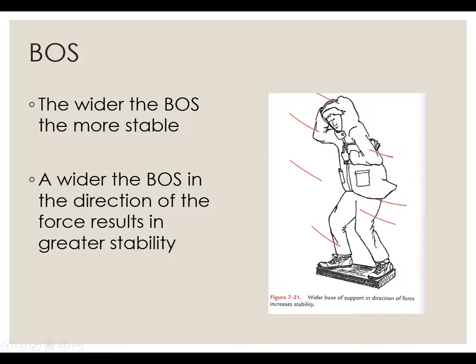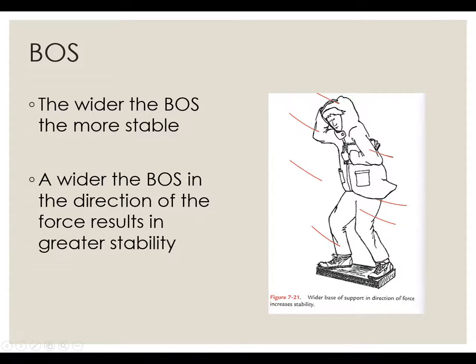No. Our bodies tend to want to stay stable, and so what this person is doing is getting in more of a diagonal stance and bringing their feet further apart in order to keep from falling over and to keep their line of gravity within the base of support.